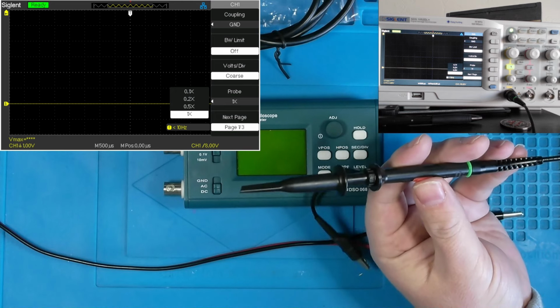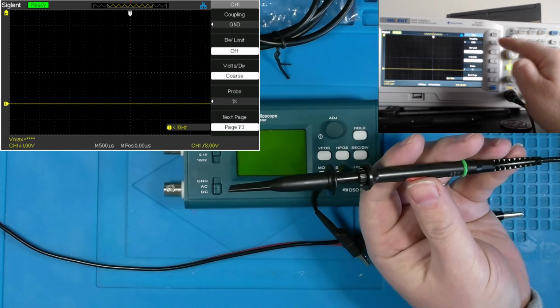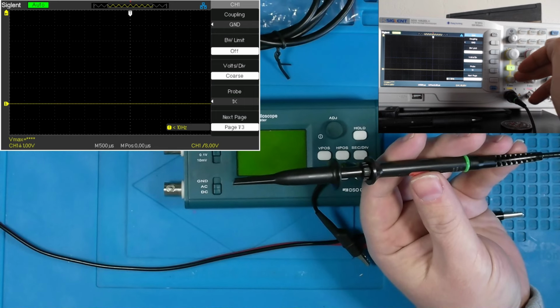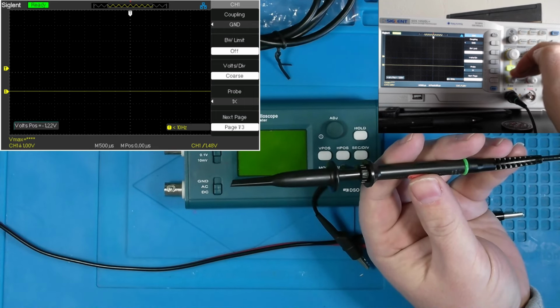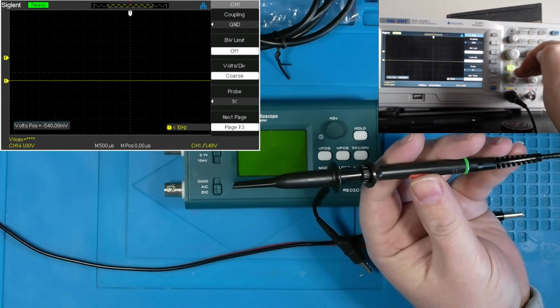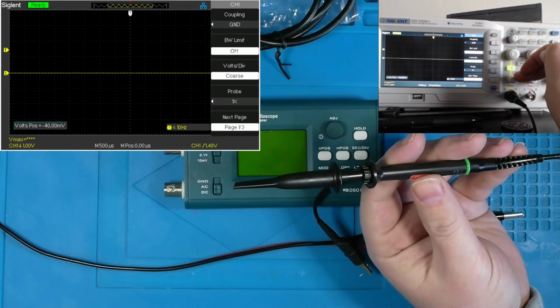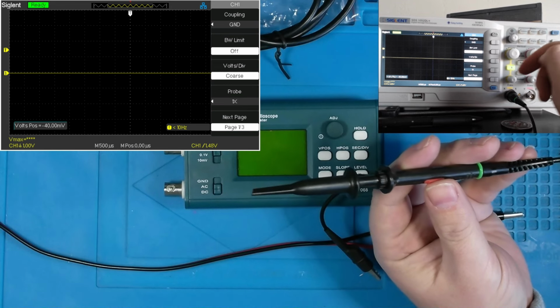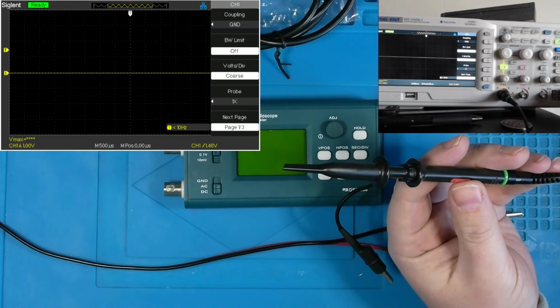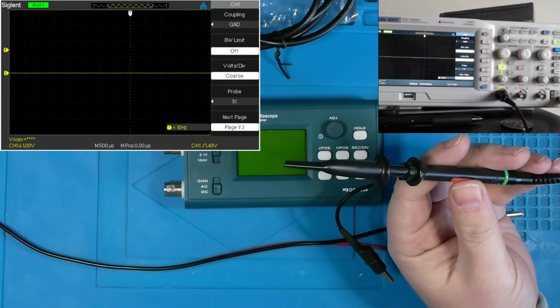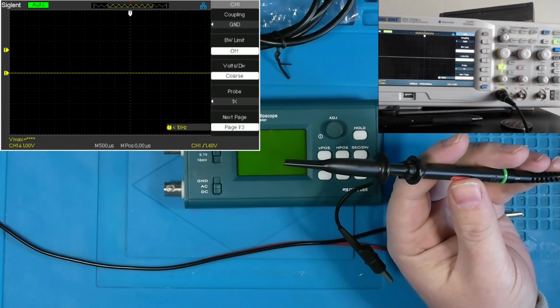Now, it's currently coupled to ground. That way I can make a ground reference since we need to compensate our probe a bit. We'll put it on the centered reticle. And then I'm going to use this, I know it's going to be hard for y'all to see off camera, but at least with this oscilloscope, there's a 1 kHz tone in the ground.